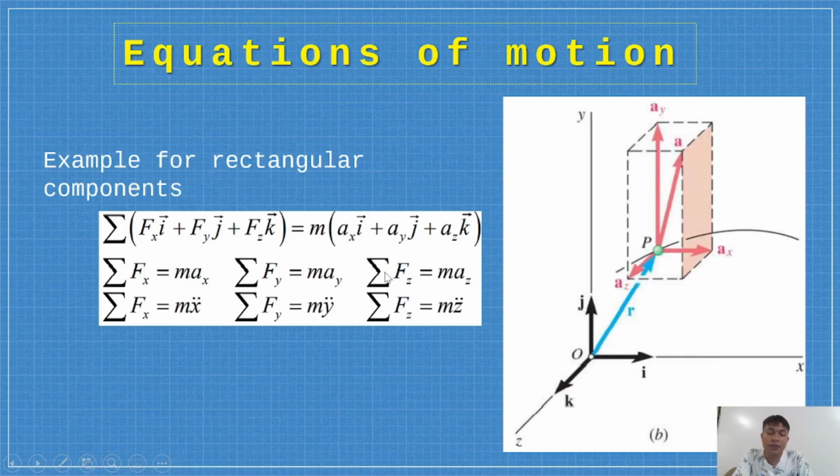Then the summation of Fz is equal to the mass times the acceleration along the z-axis.